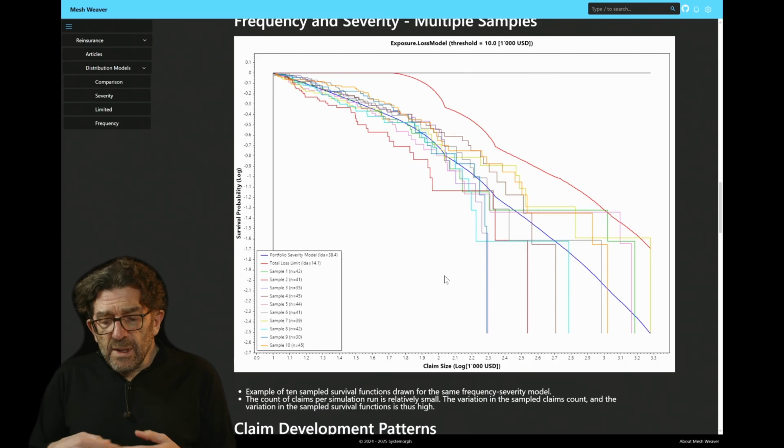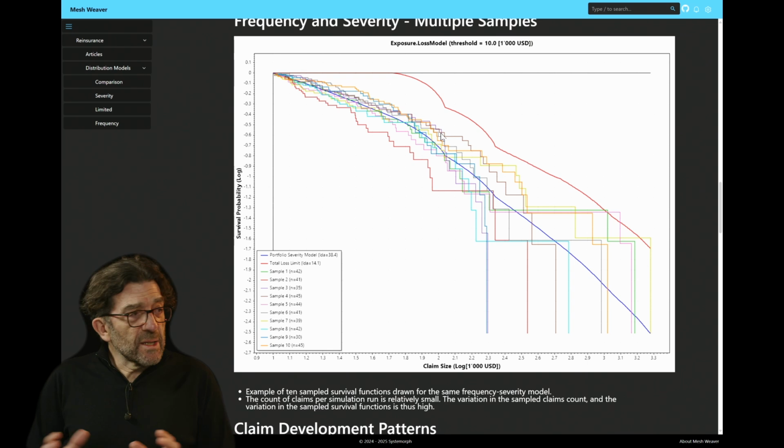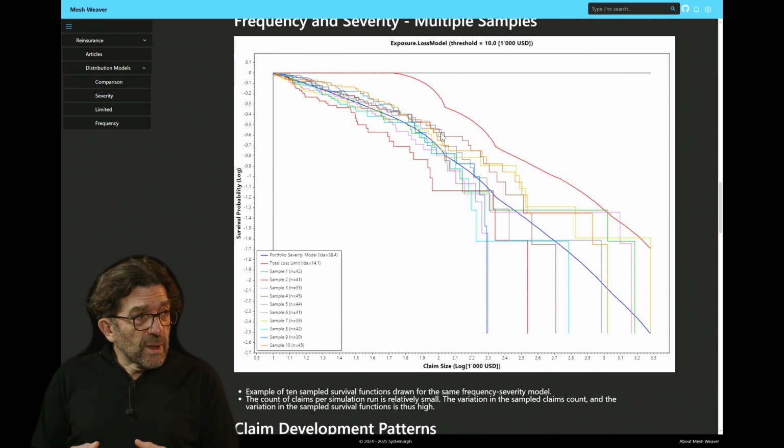Maybe just to mention, if you look at conventional exposure-based rating, what most people do, they use the blue curve. Yeah, the average curve. It's just the average, but you can see, of course, the variation can be quite substantial. And if you have a generative model, then you can bring this variation into your model, which otherwise you're missing.